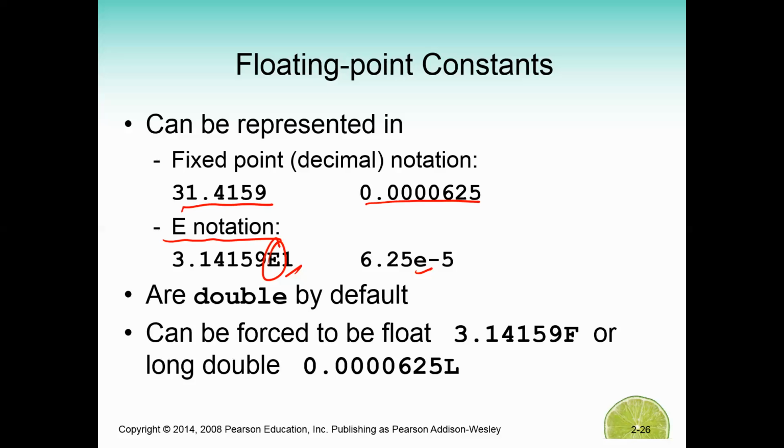So it's going to be fewer decimal positions, right? We can also force the number to be a float or a long number. This is so that we can reserve less or more area in memory by using a capital F or a capital L at the end of the number.